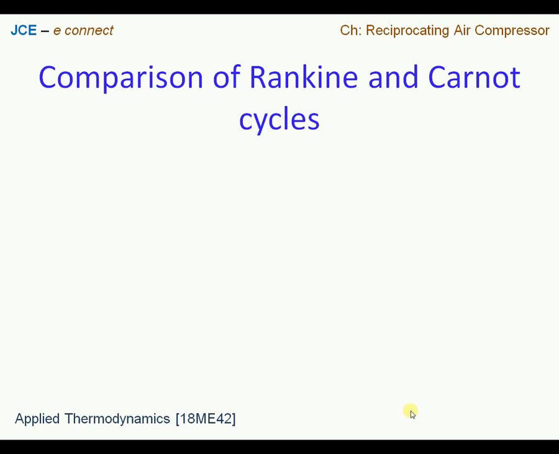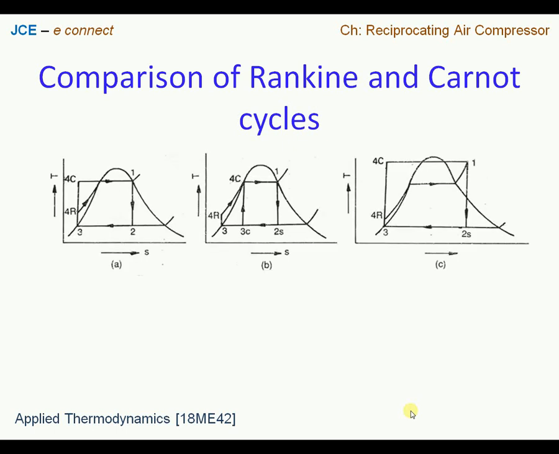Now let us look at both these cycles representing the steam power plant. So here we have three figures representing the steam power plant, A, B and C. In all these cases we have the Rankine cycle superimposed by the Carnot cycle. So we have TS diagrams here.